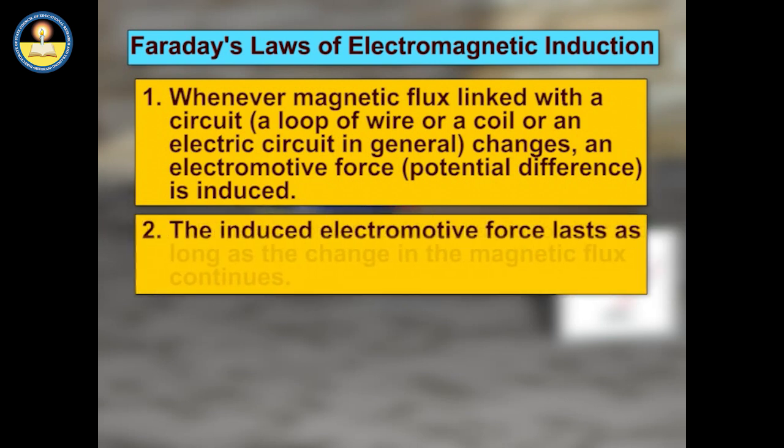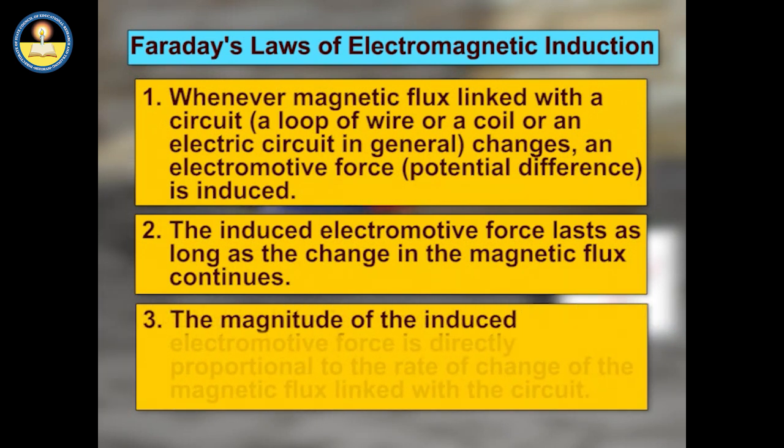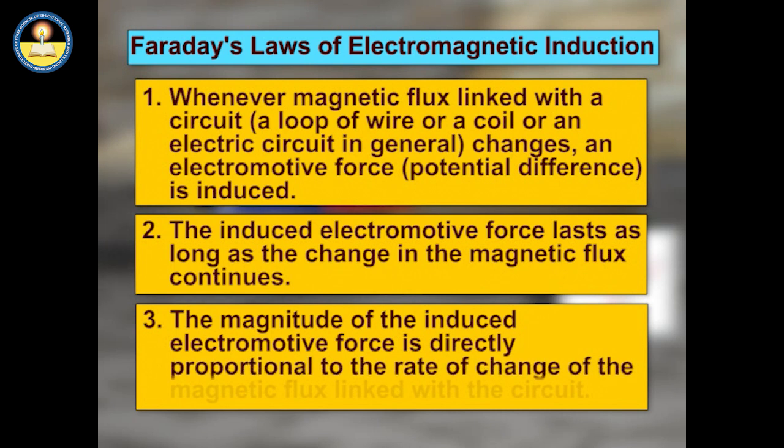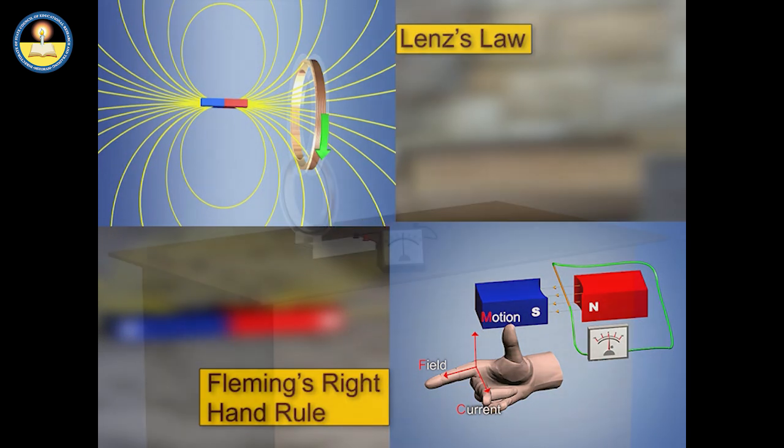The induced electromotive force lasts as long as the change in the magnetic flux continues, and the magnitude of the induced electromotive force is directly proportional to the rate of change of the magnetic flux linked with the circuit. The direction of induced electromotive force can be obtained by Lenz's law and Fleming's right-hand rule.